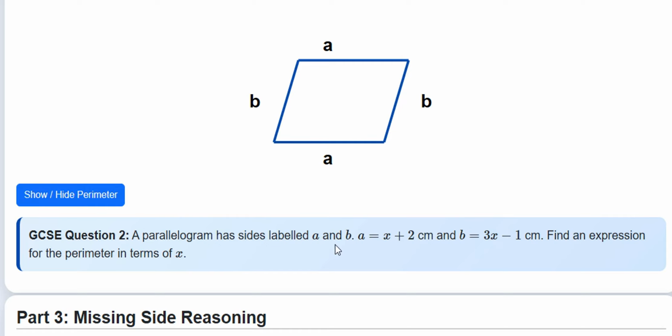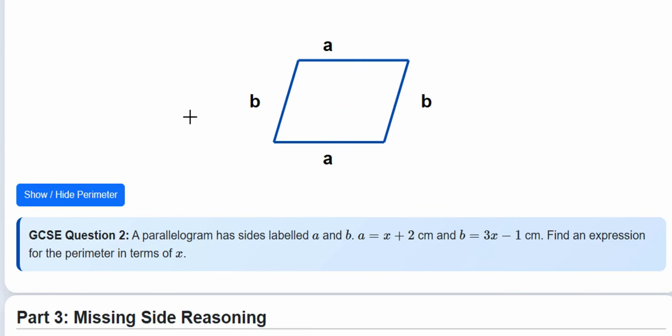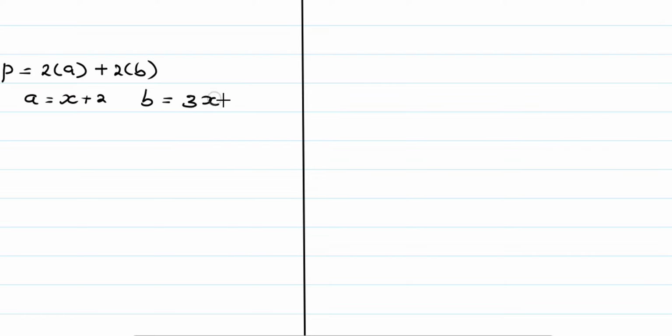We are given A is x plus 2, and B is equal to 3x minus 1, in centimeters. So to get the perimeter here, P is equal to 2 into A, because we know A is x plus 2, then plus 2 into B, but we know B is 3x minus 1, like this.